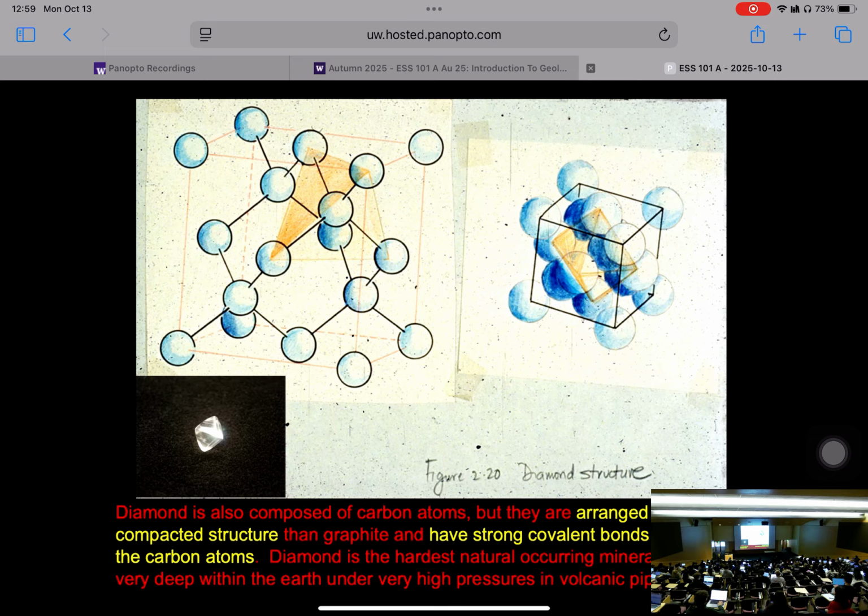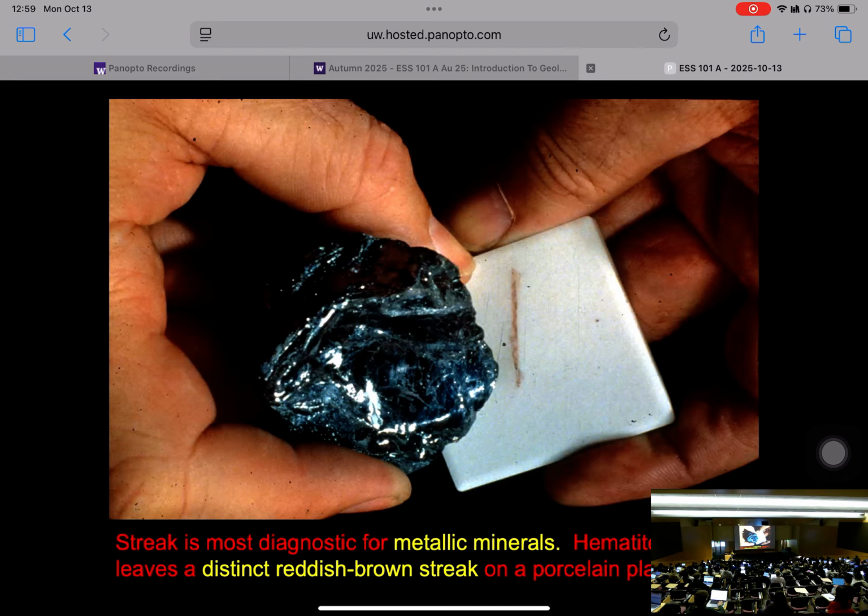Yes, you are correct. And then other things you'll be looking at here, especially with the metallic minerals, is they will all leave distinct streaks on porcelain plates. So when you're in lab this week, we ask you not to streak the non-metallic minerals, because that's not diagnostic of the mineral. There are 3 metallic minerals in the lab that you will learn this week. One of them is hematite, iron oxide.